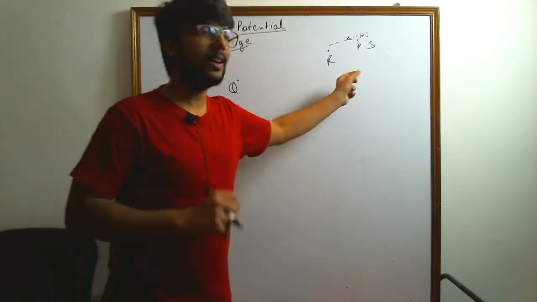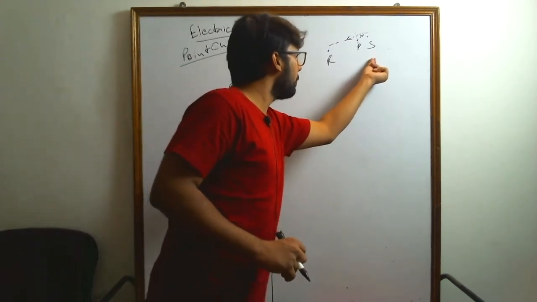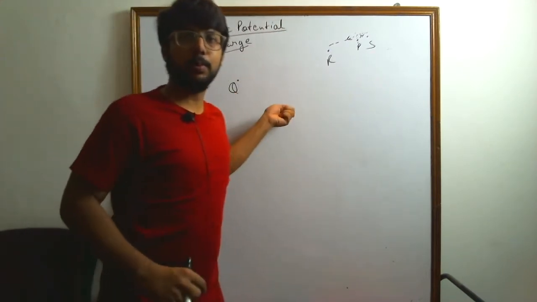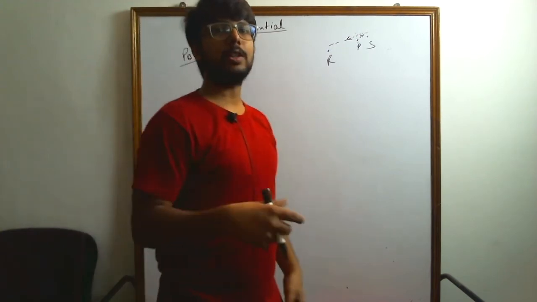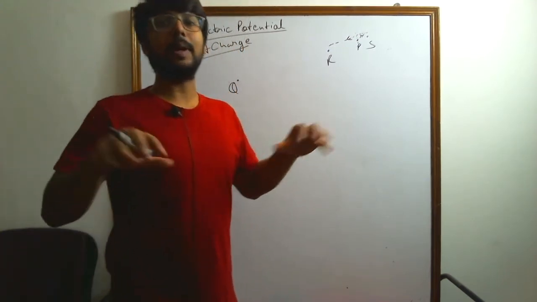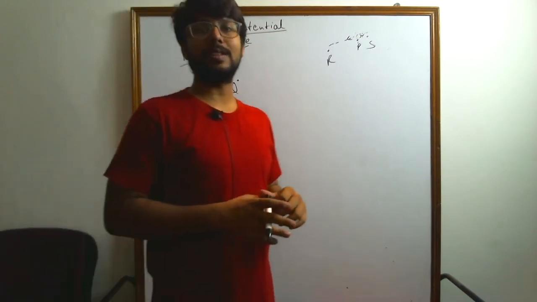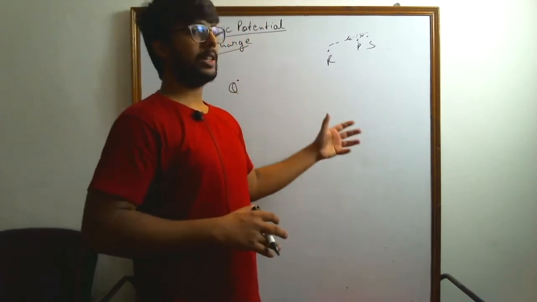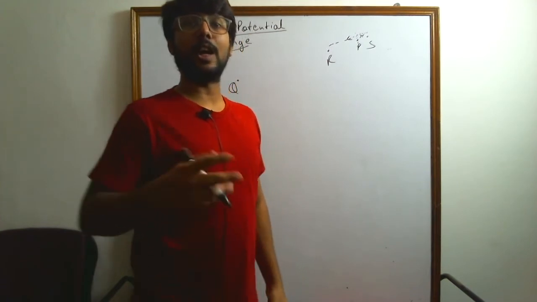Why is that? Because if I bring it quickly, if I just pull it like this, the charge is going to accelerate, and when the charge accelerates, it dissipates energy.